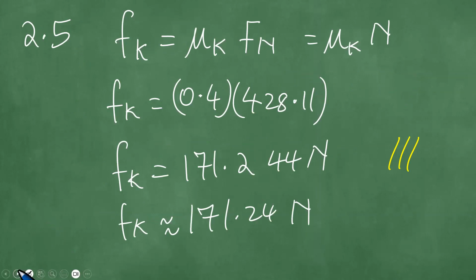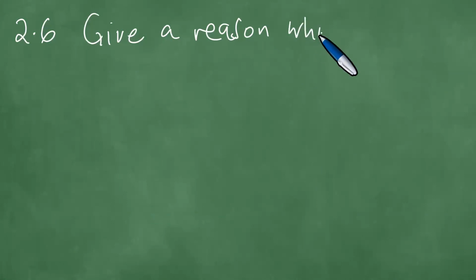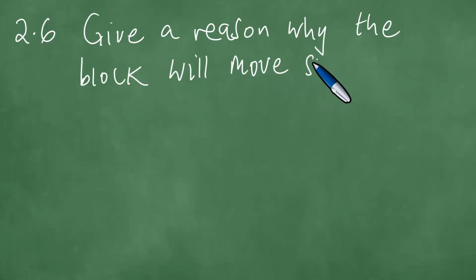This is 2.5, then let's look at 2.6. In 2.6, you must be able to give a reason why the block will move slower than before.